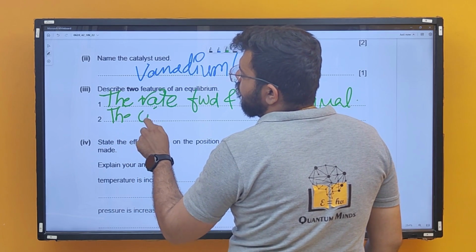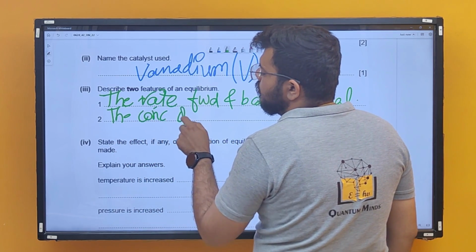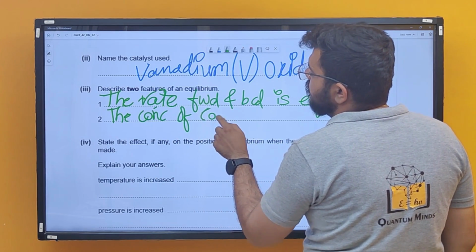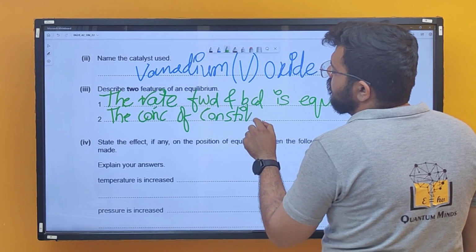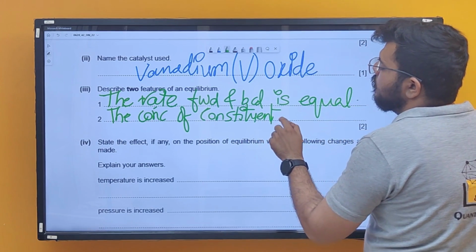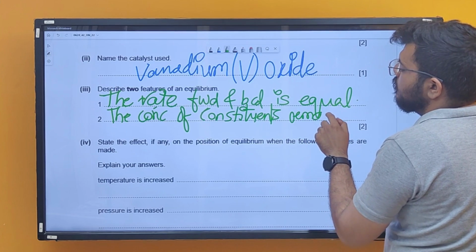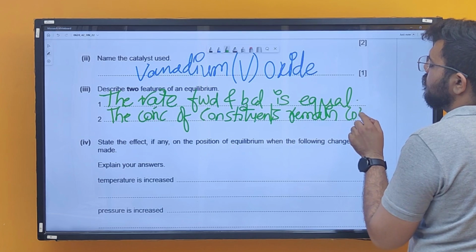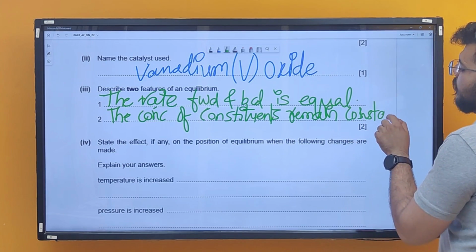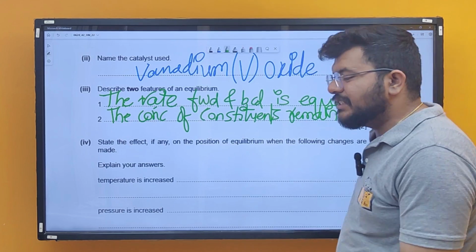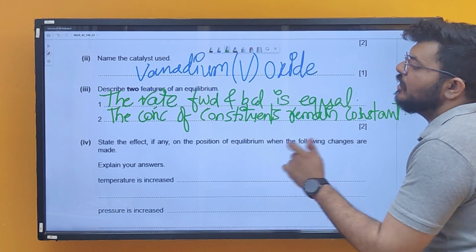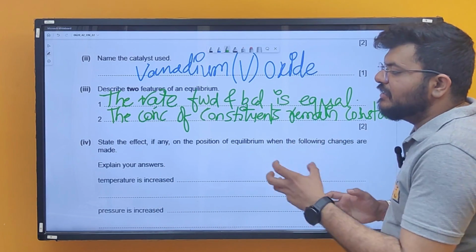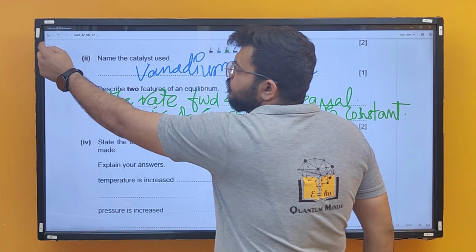The concentration of constituents, once the equilibrium is reached, remain constant. So the rate of reaction is constant. The constituent concentration also remains constant. So you might not observe this change, right? This is a dynamic equilibrium. There is change taking place, but the forward and the backward change are cancelling each other out.